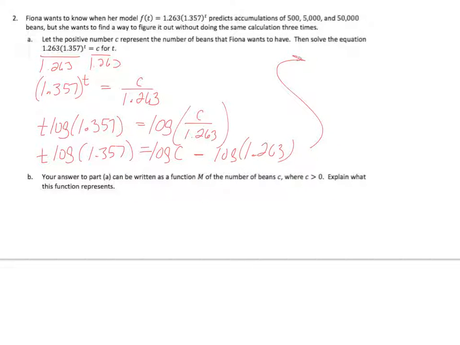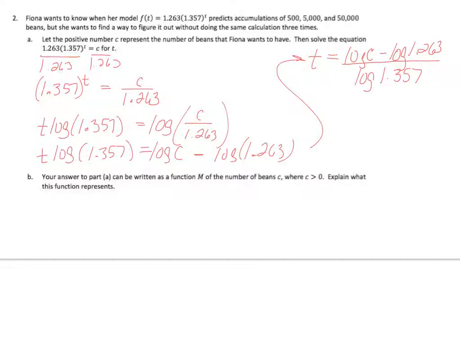Okay, I have to come up here, I need more space. I can now divide both sides by log of 1.357. So T equals, my numerator is log C minus log 1.263 all over log of 1.357. There we go.